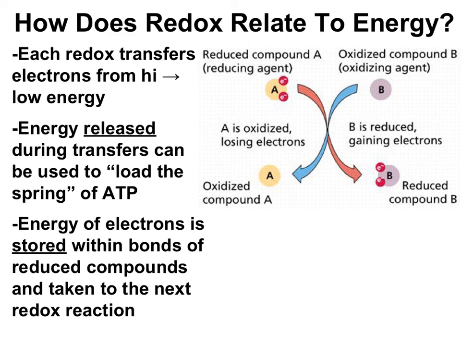These little bits of released energy are ultimately what are used to phosphorylate ADP to make ATP in cell respiration. You can think of each reduced compound as a temporary energy storage compound until the reduced compound does its next redox reaction and releases a little bit of energy.